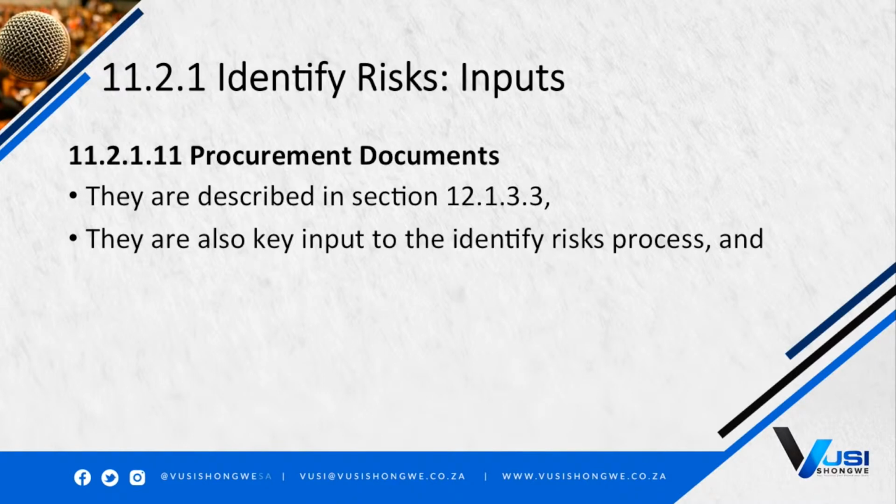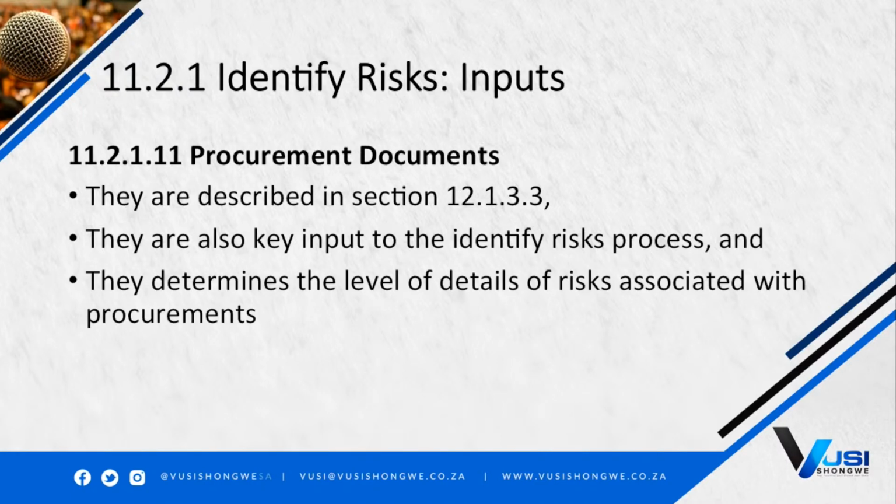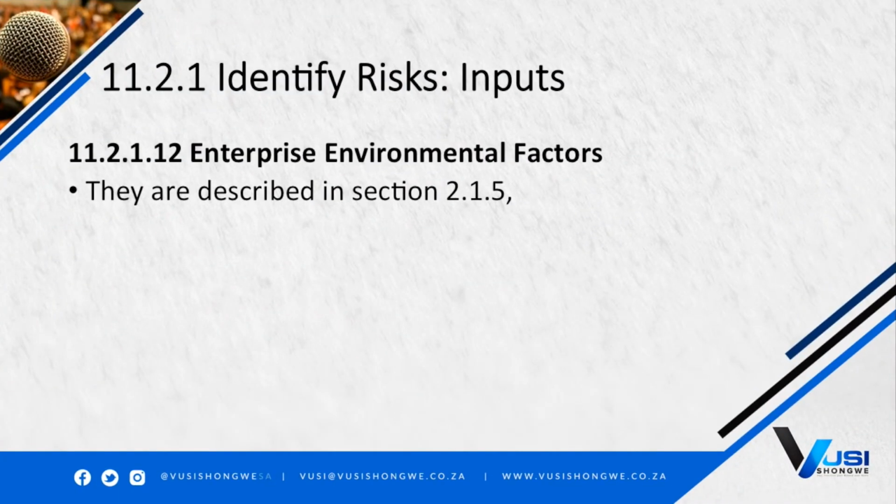Procurement documents. They are described in section 12.1. They are also key inputs to the identify risks process, and they determine the level of detail of risks associated with procurements. Enterprise environmental factors.